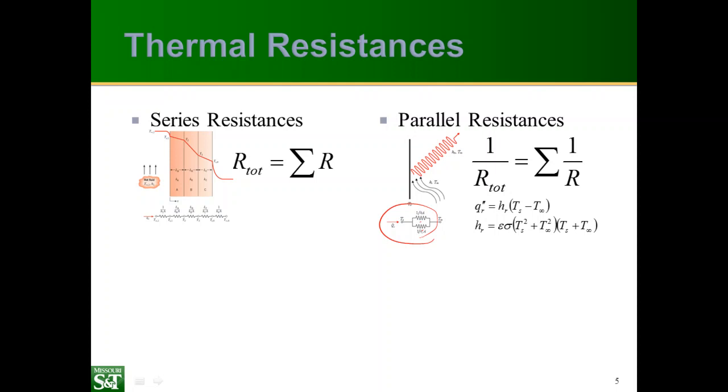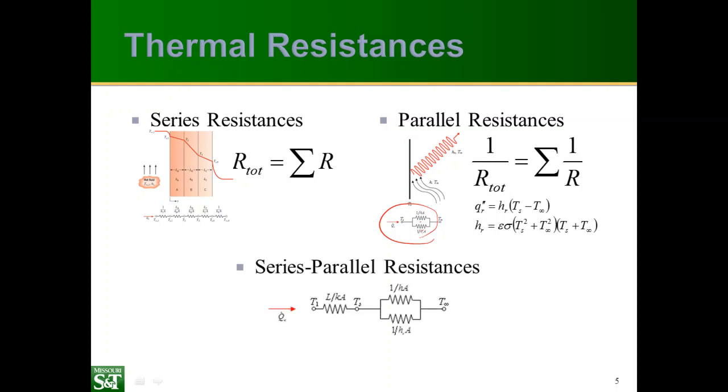In this case, we have to use this inverse relationship: 1 over the total resistance is equal to the sum of each 1 over resistance. So we have to be careful about which one we're using. Convection and radiation on a surface is a very common parallel resistance for thermal circuits.